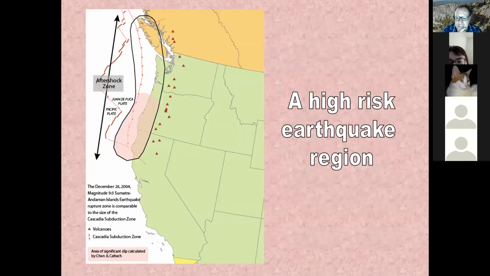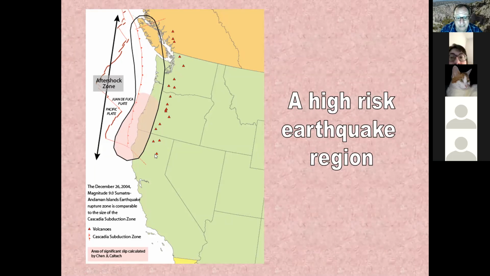And just as a little side bite, this area of the United States in the Northwestern Territory is prone to be a high-risk earthquake region. With what's going on with the plate tectonics out here, there's a lot of movement, a lot of subduction going on beneath the North American plate. So it is a high-prone area. This is the Cascade Mountain Range.